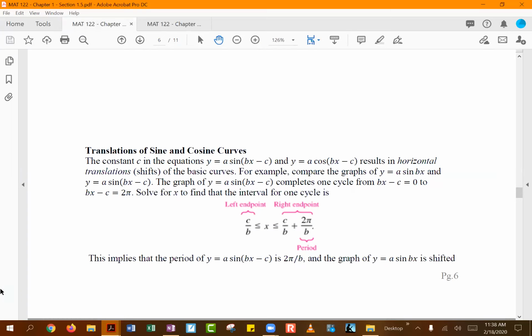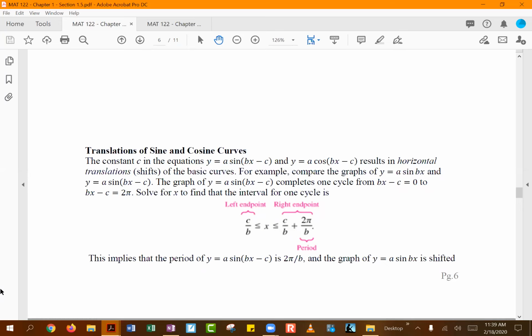So basically we are saying one cycle of our function is actually going to be completed when you take this parentheses part, the bx minus c, set it equal to 0, and when you take bx minus c equal to 2 pi, because again, remember, sine and cosine functions, the original period for these functions is 2 pi. So you're basically saying, okay, if we start at the starting point of 0 and go up to 2 pi, how will these values of b and c actually affect your horizontal shift?